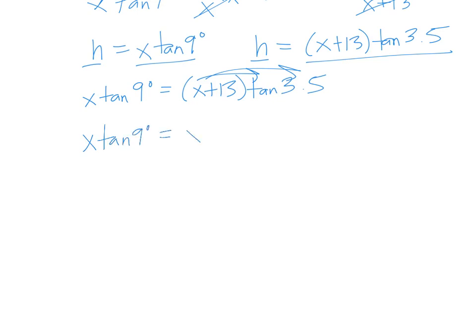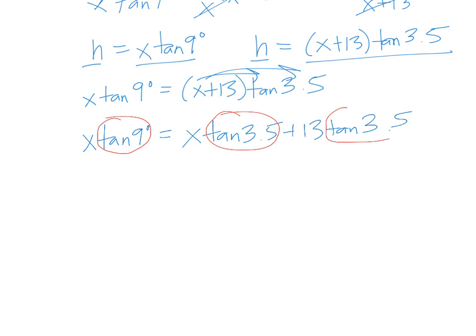We have x times tangent 3.5 plus 13 tangent of 3.5. Never separate the number from the tangent. Together, these represent one number. You can never separate them. So I'll make sure that's clear. Now I'll subtract tangent of 3.5 over.